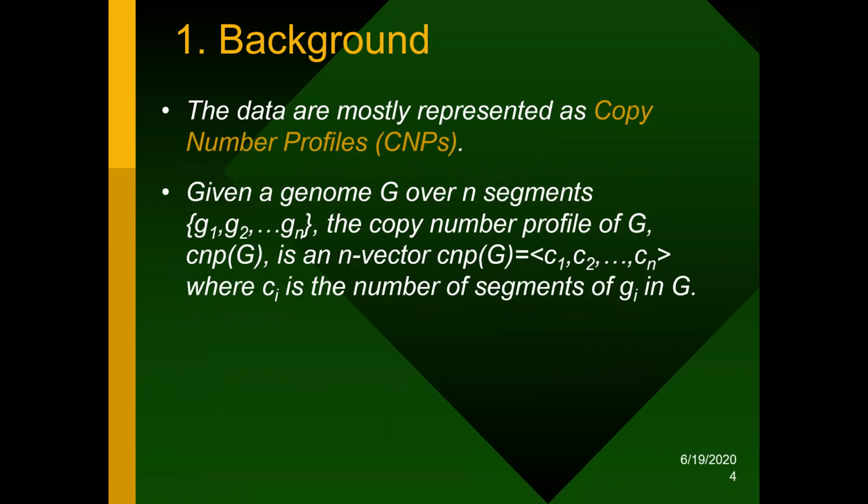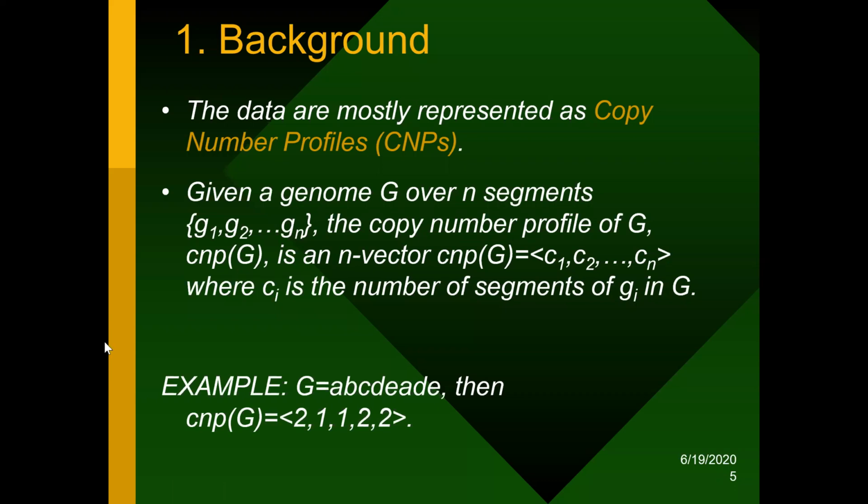Basically, given a genome over n segments, we assume the segments form an ordered set, G1, G2, Gn, because eventually we will use vectors, so the position is important. The copy number profile of G is simply an n-vector C1, C2, Cn, where each Ci is the number of copies of segment Gi.